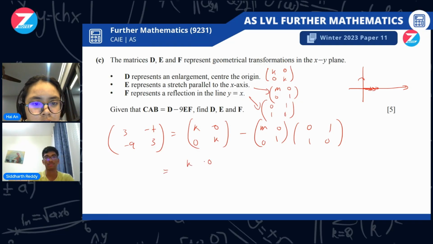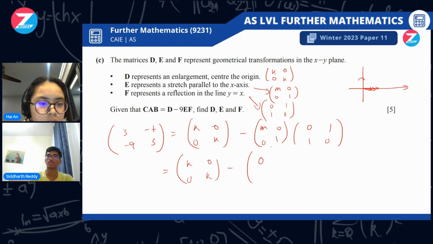So let's find out. First complete the matrix multiplication on the right, which is going to be m times 0 plus 0 times 1, which is 0. Okay, m times 1 plus 0 is going to be m. Okay, m times 0 plus 0 times 1, that's going to be 0.